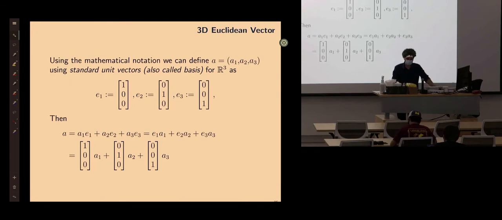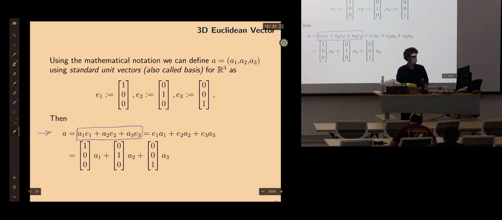Now, if I use my new notation, can I write my vector A here as each of the entries, A1, A2, A3, times its unit vector? Does this make sense? Can I write A like this?